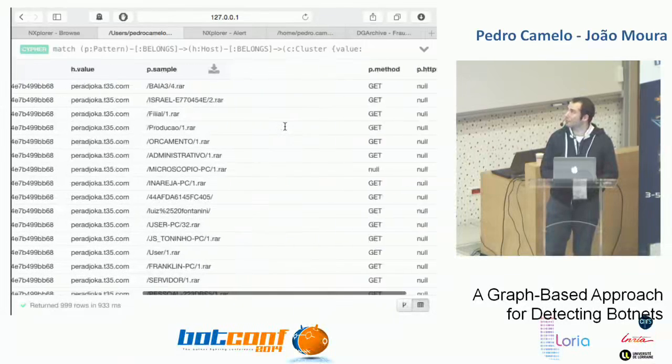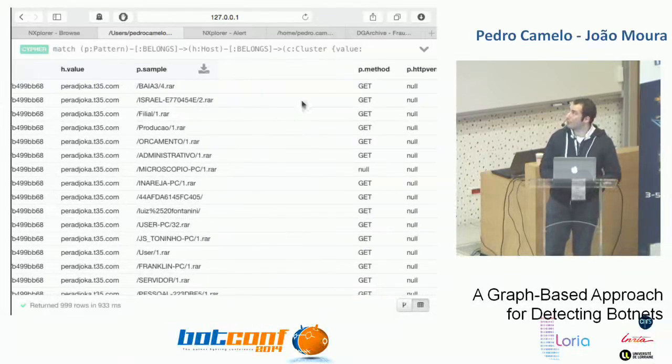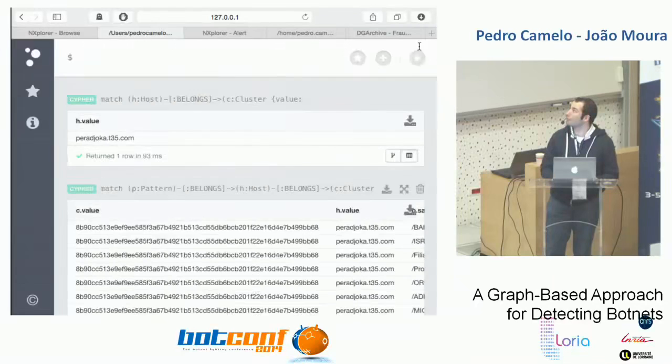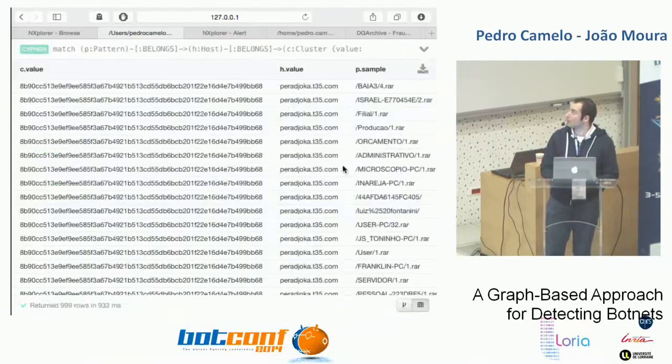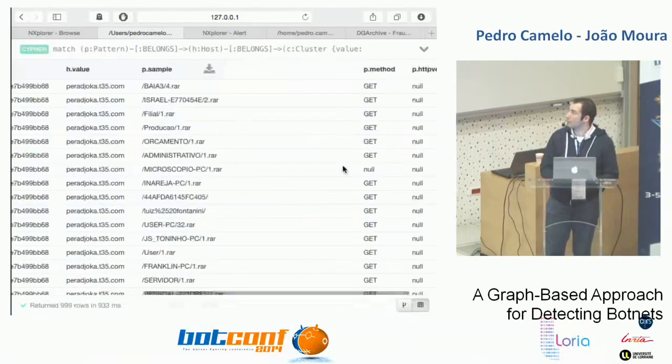I grouped the same traffic. I'm not even looking at the source and destination. This is all in the same domain. This is the same domain in the same cluster. Right. And you can see that this is the same thing.